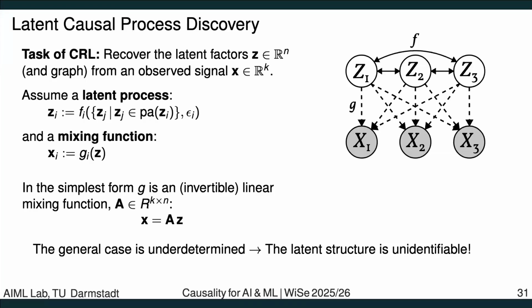And the unfortunate fact here is that in the general case, this is underdetermined and therefore the latent structure is unidentifiable. So basically what this means is that there are a lot of cases where we observe data, but we can construct a lot of functions G, or of its parameterization, which correspond to some DAG of this process that we observe, but it might not be the right one.